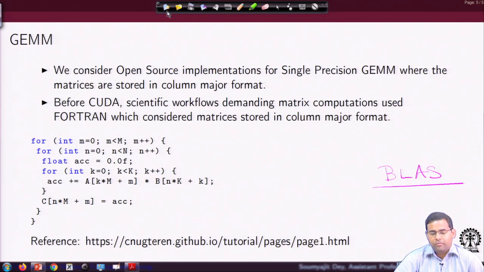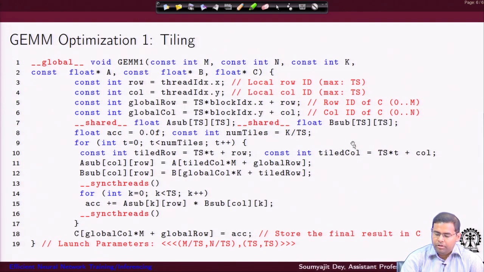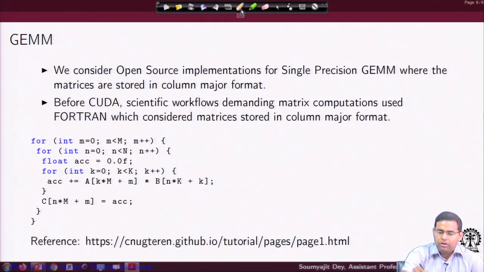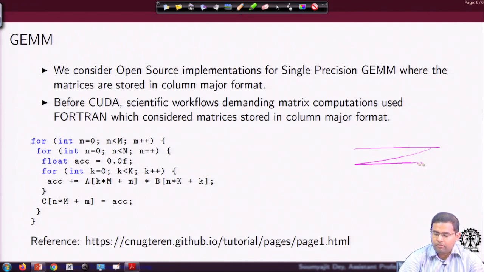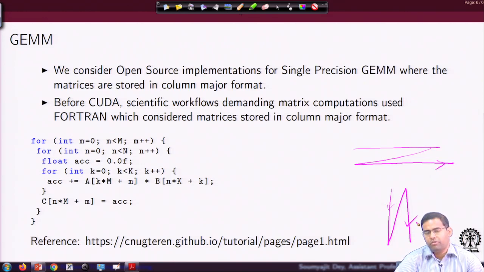That means when we are storing the data in the matrix, we are not assuming that the storage is row wise, but rather it is like this. It is a column major format, and the issue is that in memory, when I am storing, I am traversing the matrix in a column major fashion.